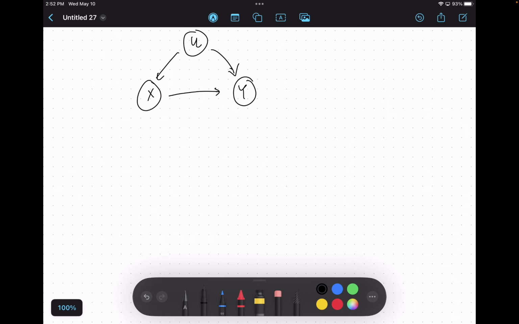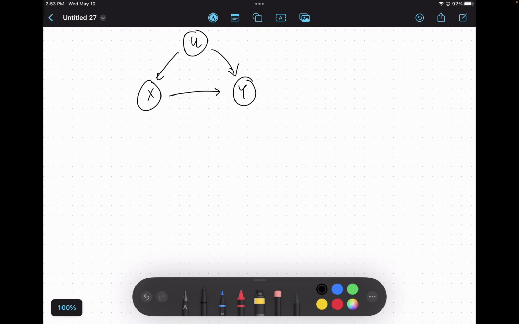So our unknown error is confounding the effect of X on Y. We don't know if changes in Y are a result of X changing, or if they're a result of something that we don't see in the world or not captured in our data. Something else is changing.